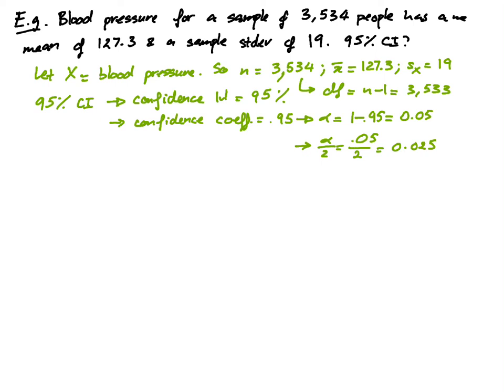so now let's apply our formula. We have the 95% confidence interval, which is equal to X bar plus minus t sub alpha over 2 with n minus 1 degrees of freedom times Sx, right, the sample standard deviation divided by the square root of the sample size.